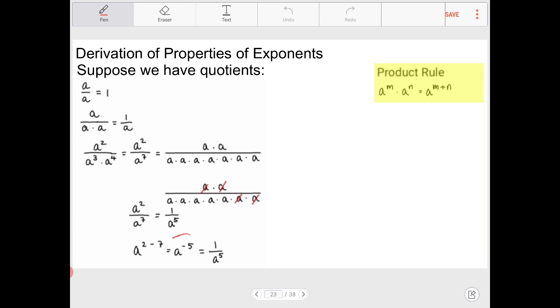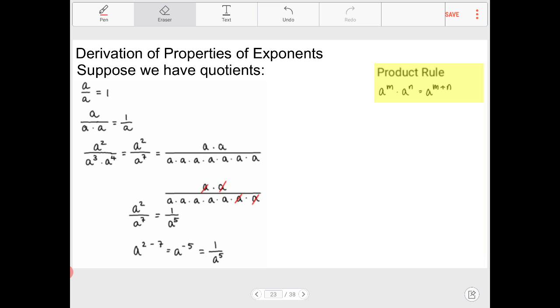And a to the negative fifth in return is therefore equivalent to 1 over a to the fifth. Mathematically, we just arrived at this conclusion through deduction. This is what we can conclude, that a to the negative fifth is in fact equivalent to 1 over a to the fifth.